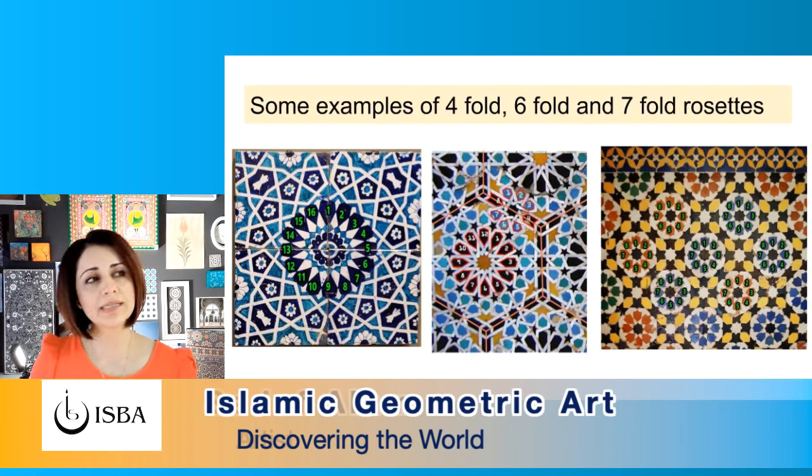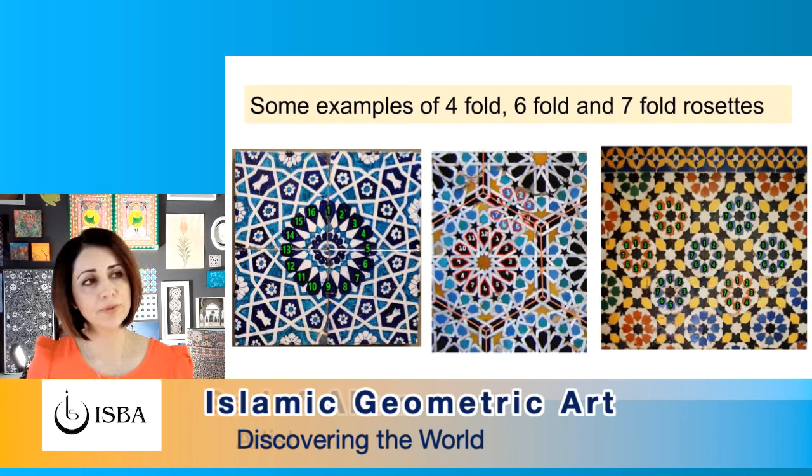Because it's a 16-star rosette, and 16 happens to be a multiple of 4, it falls under the 4-fold family. So while constructing these patterns, if I were to construct a 4-fold pattern, I would first need to start by dividing a circle into 4 equal parts.